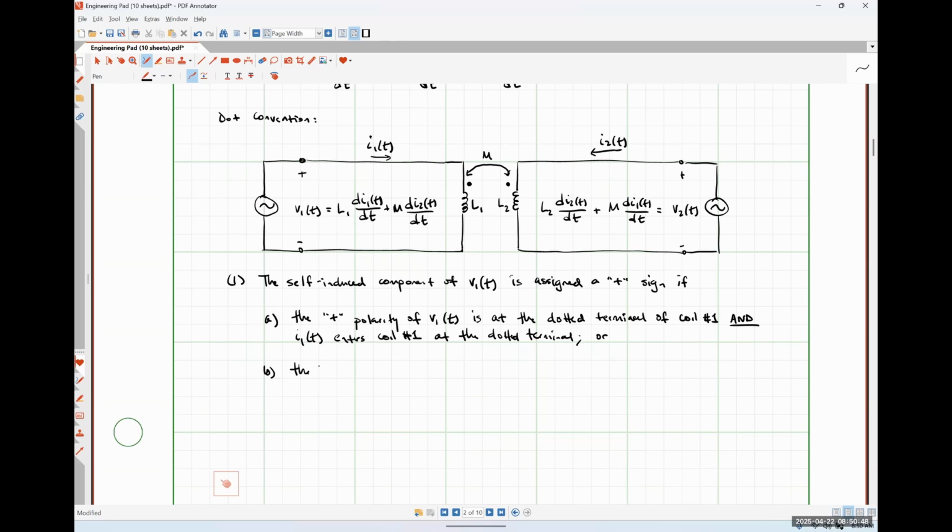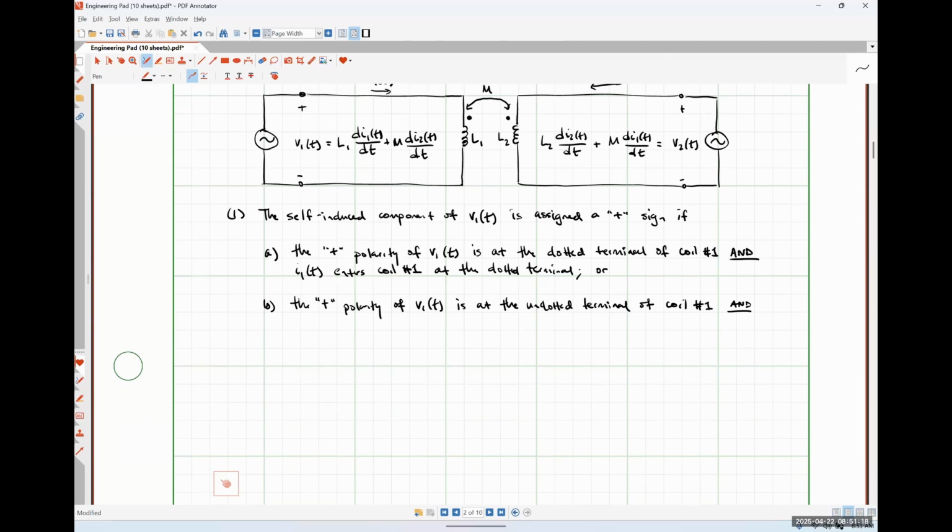So we could say that the positive polarity of V1 is at the undotted terminal of coil number 1, and I1 of t enters coil number 1 at the undotted terminal.